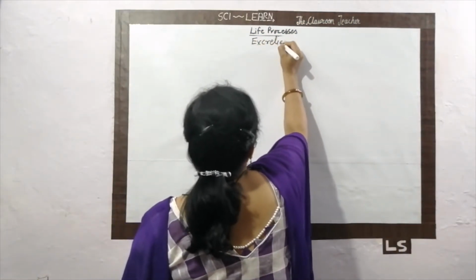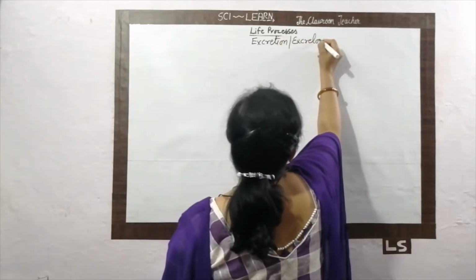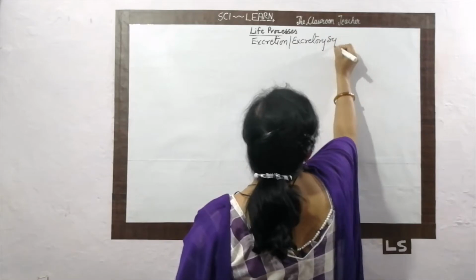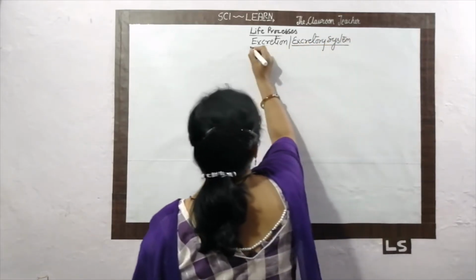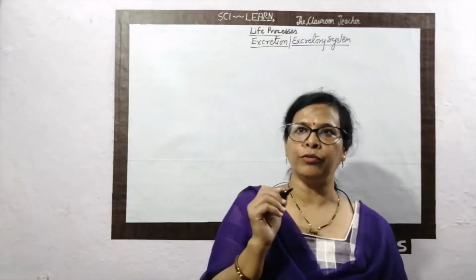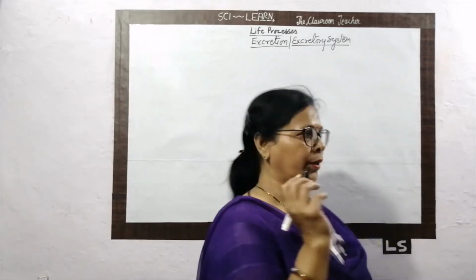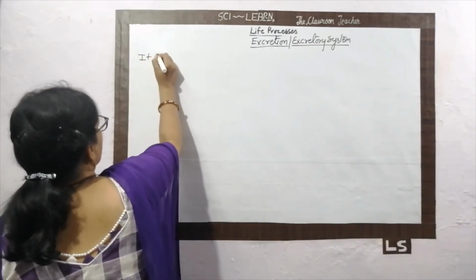Excretion, or it is also called the excretory system. What is the excretory system or excretion? It is the process of removal of toxic waste from the body.